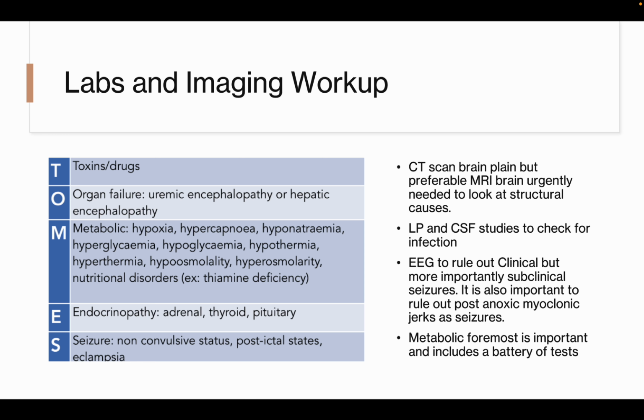Metabolic causes, you can check for hypercapnia or hyponatremia or hypoxia by doing an ABG. You can check the electrolytes and check the glucose levels. So all those things again. Endocrinopathies, in which disruptions with the hormones can cause the patient to become comatose. So in cases of adrenal or thyroid dysfunction, you check for those respective hormones, of course.